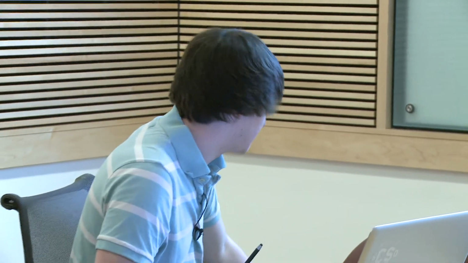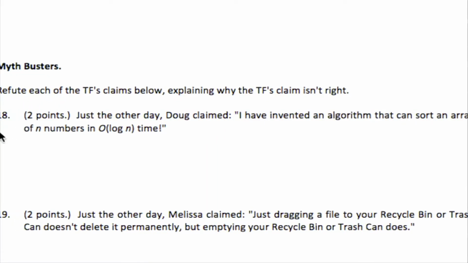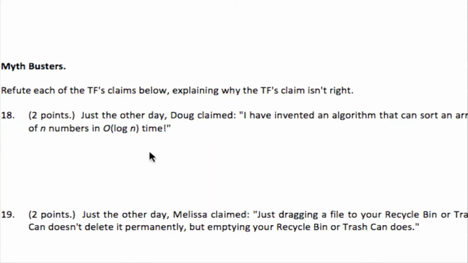There are general questions like right here. So just the other day, Doug claimed, I've invented an algorithm that can sort an array of n numbers in O(log n) time. How do we know that's impossible? Yeah. At the very least, you have to touch each element in the array.